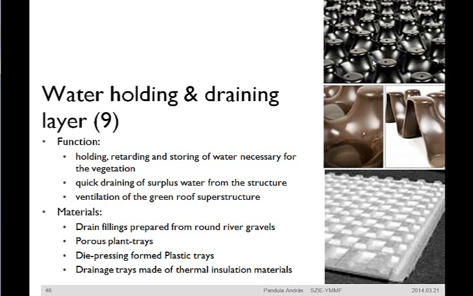Drainage trays made of thermal insulation materials are similar to the previously described ones, but due to their larger wall thicknesses and thermal insulation capacity, they can also fulfill the function of an upper thermal insulation layer.